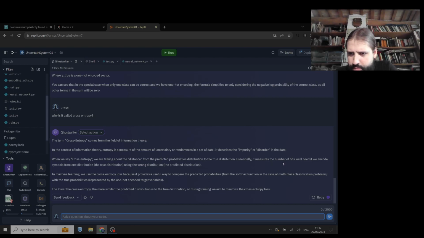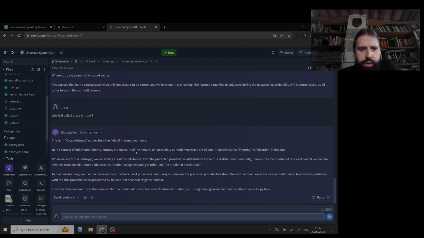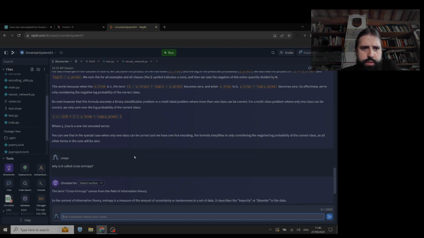Essentially, how many bits we'd need if we encode symbols from one distribution using the wrong distribution. Machine learning uses cross entropy because it provides a useful way to compare the predicted probabilities from the softmax function to the true probabilities given by the one-hot encoded target variables. The lower the cross entropy, the more similar the predicted distribution is to the true distribution. So during training, we minimize the cross entropy loss.